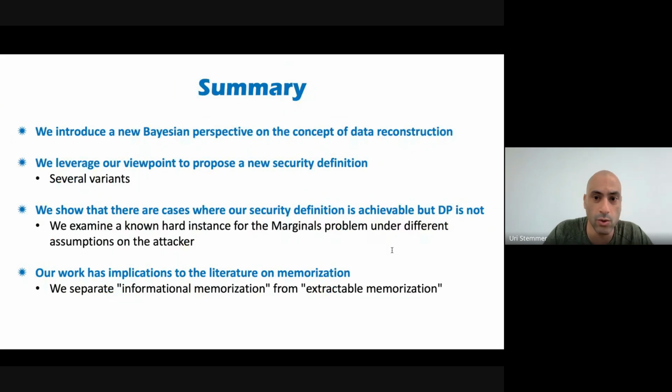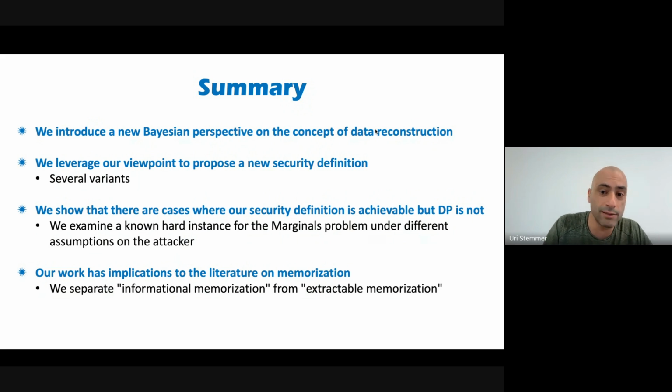Okay, so the summary of what I presented here is that we introduce a new Bayesian perspective on the concept of data reconstruction. We leverage this new perspective to propose a new security definition that relaxes the prior definition of Narcissus resiliency by arguing about the attacker's knowledge.